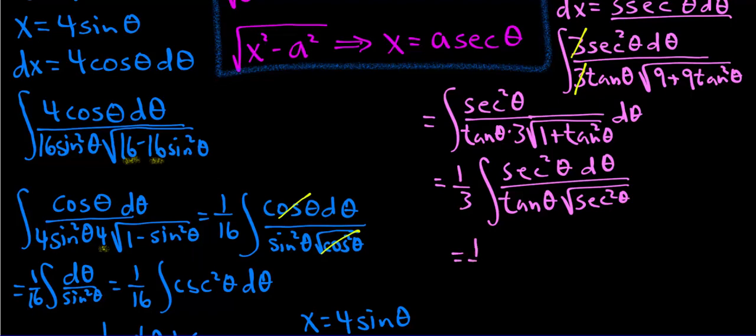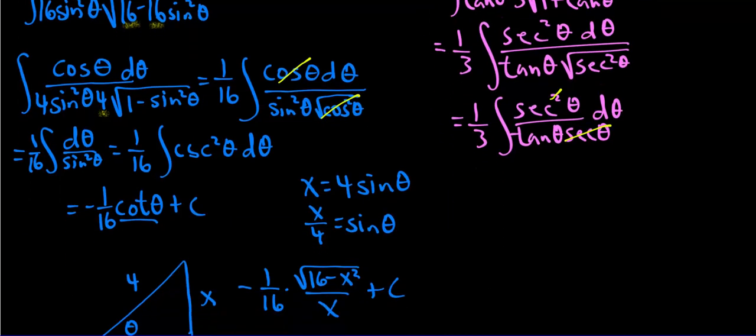We've got 1/3 secant squared theta over tan theta secant theta, and then the d theta. Mustn't forget that. And then this one gets rid of one of those. We've got 1/3 secant theta over tan theta d theta.